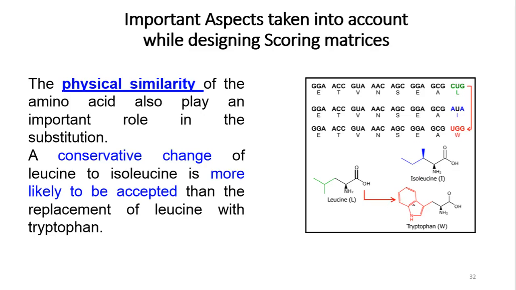Why? Because tryptophan has completely different properties, and there is a possibility that your protein would lose its activity. Such mutations or substitutions are not selected further in the process of natural selection.